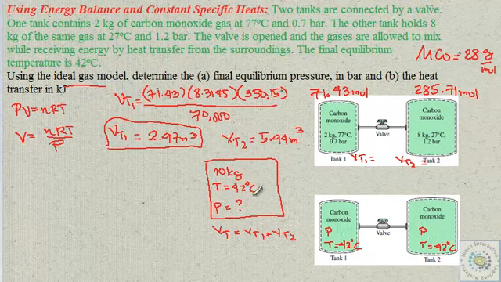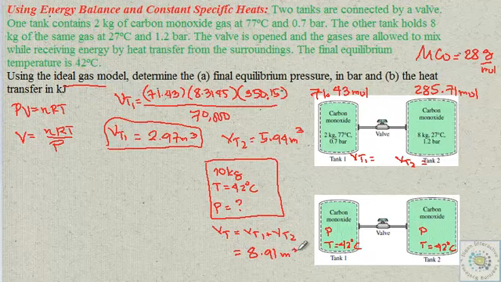Essentially, now we know that when we open the valve, it seems like the tanks have been combined together. They will have a total volume of 5.94 plus 2.97, that gives us a total volume of 8.91 m cubed.